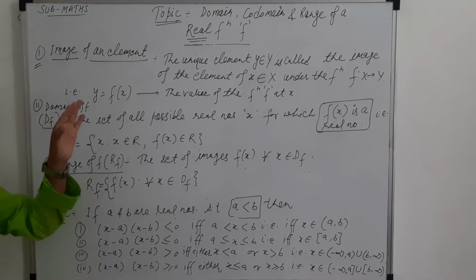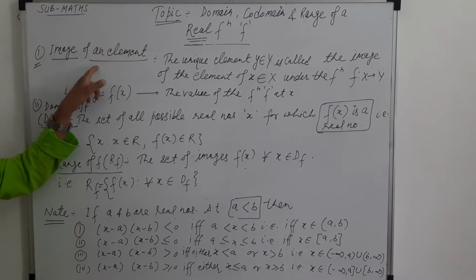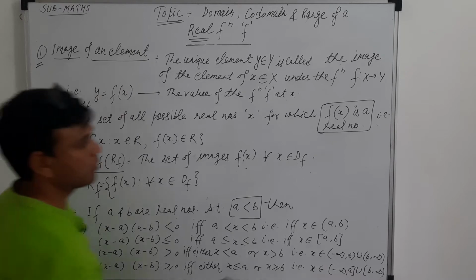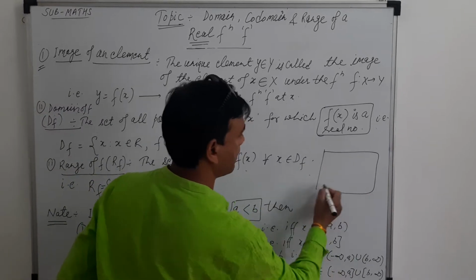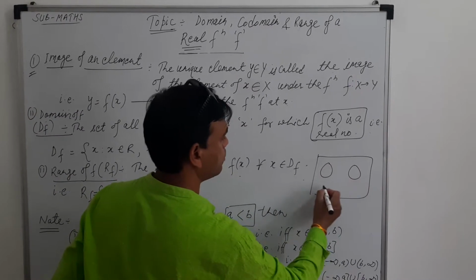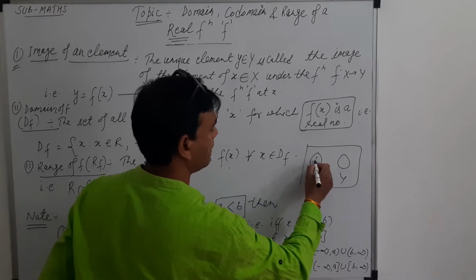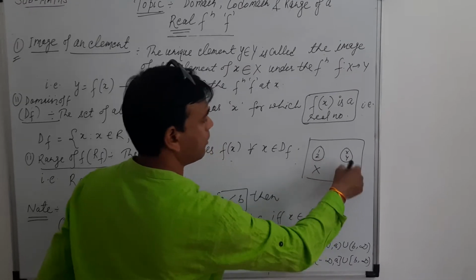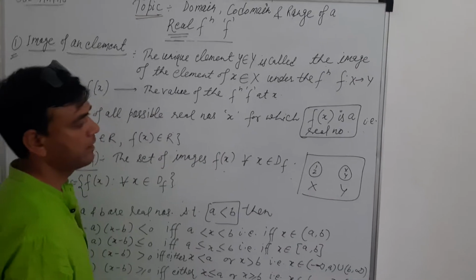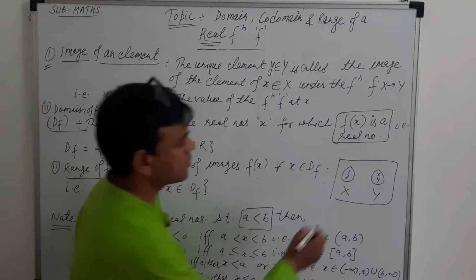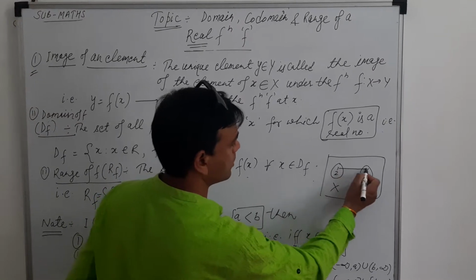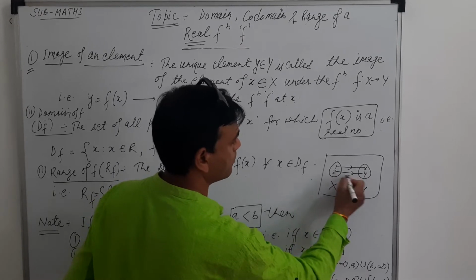First of all, we must be familiar with this term, image of an element. You better note that I already showed you here with a diagram. Suppose there are two sets X and Y, and there are elements x and y of Y and 1, 2 of X. Suppose element 1 of X is associated with x and 2 is associated with y.